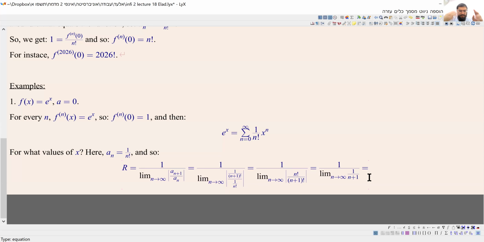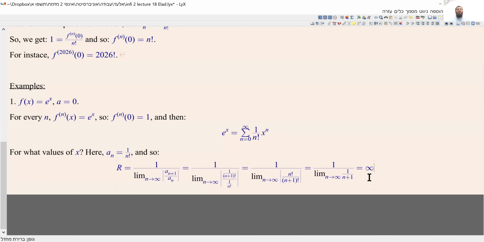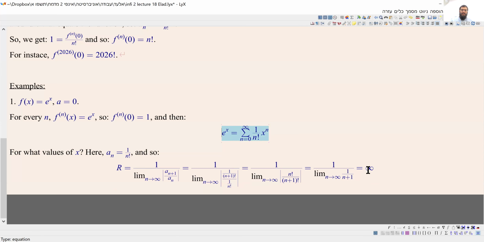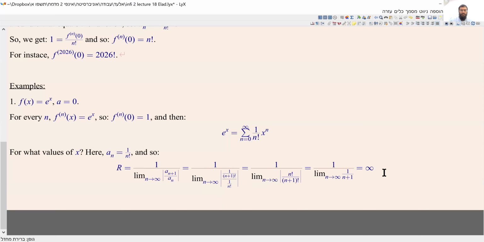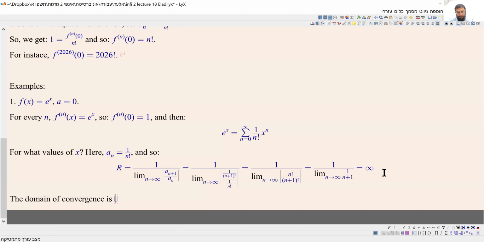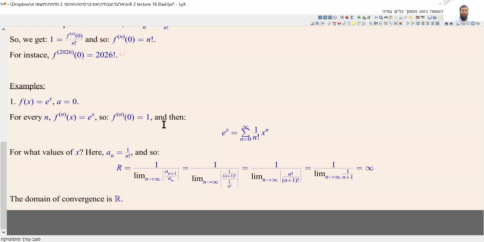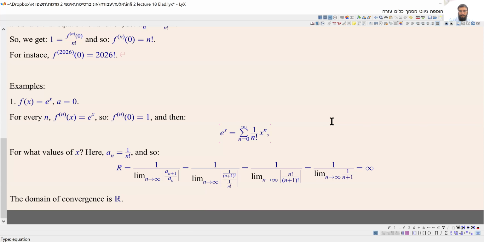So 1 above 0 is infinity, which means that the domain of convergence is every x, every real number x. This is just R. You can write it down.